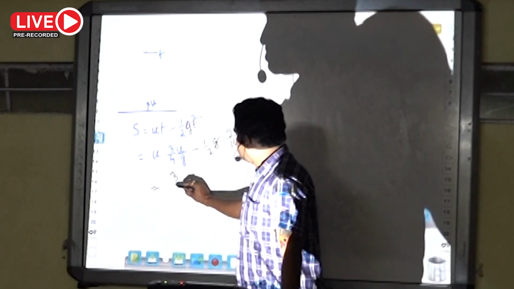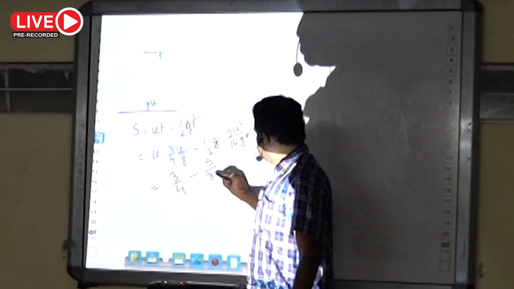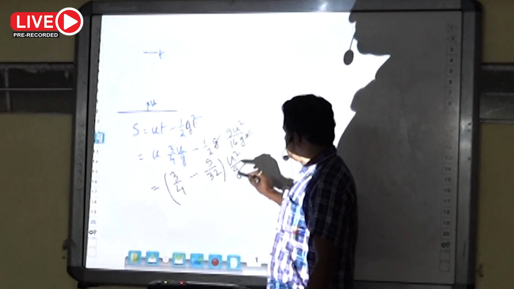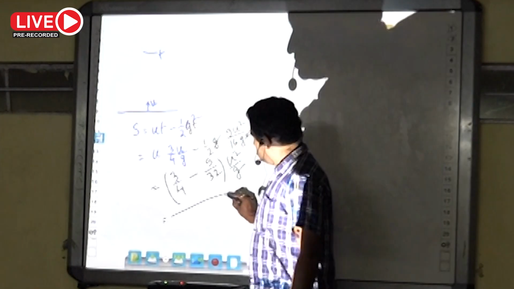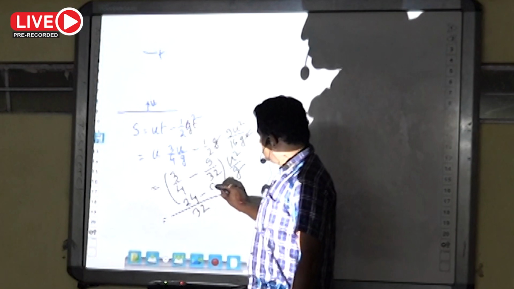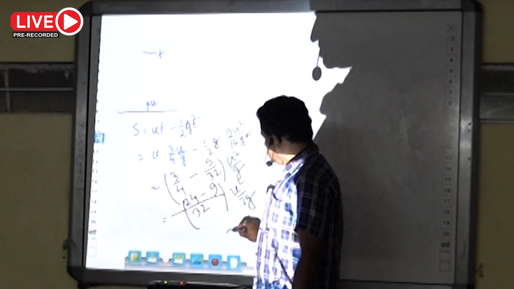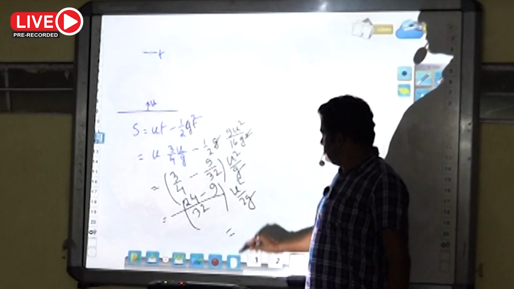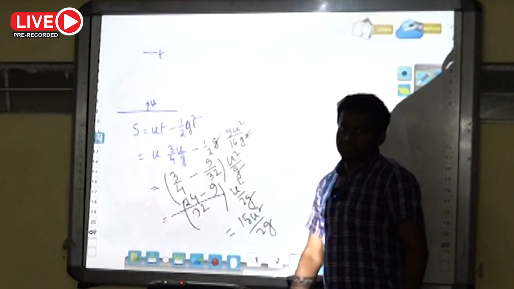Here it will become 3 by 4 minus 9 by 32, and u square by g can be taken common. Then calculate: 32, 8, 24 minus 9, into u square by 2g. So 24 minus 9 means 15. So it is coming 15 u square by 2g.